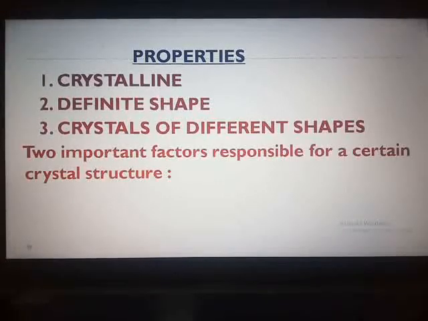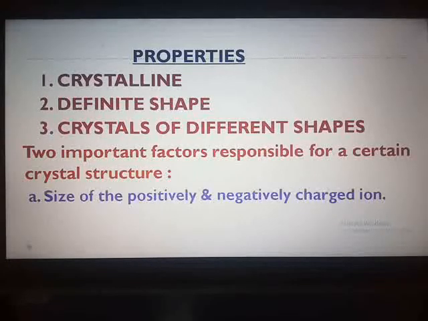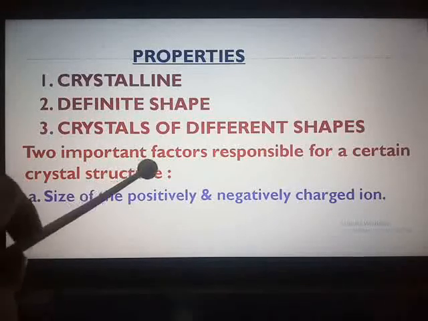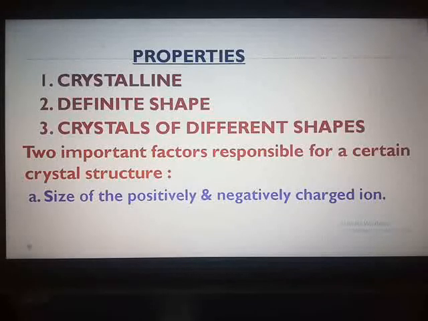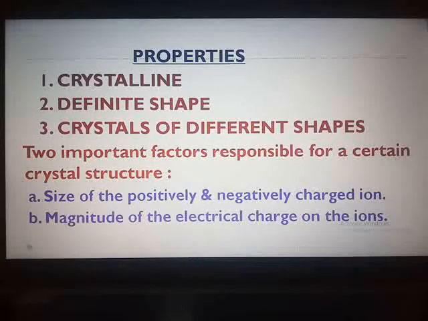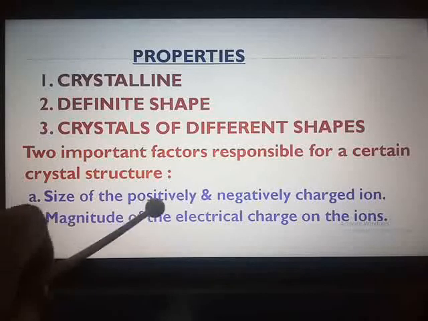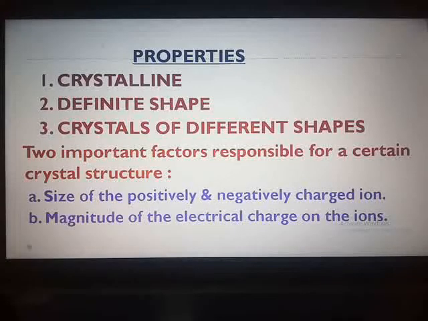Now, two of the important factors are responsible for a certain crystal structure. The very first factor is the size of the positively and negatively charged ions. If you take the example of sodium chloride, sodium is the positively charged ion, whereas chloride is the negatively charged ion. The second factor is the magnitude of the electric charge on the ions.